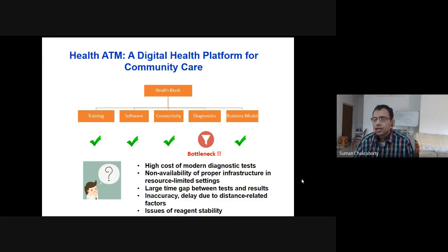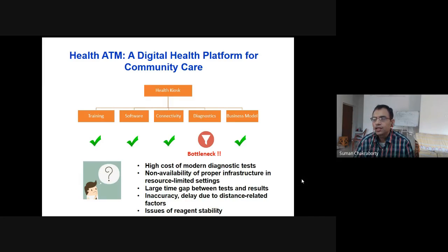This is a brick and mortar small unit called a health kiosk, where the patient approaches the frontline health worker and talks about the problems.